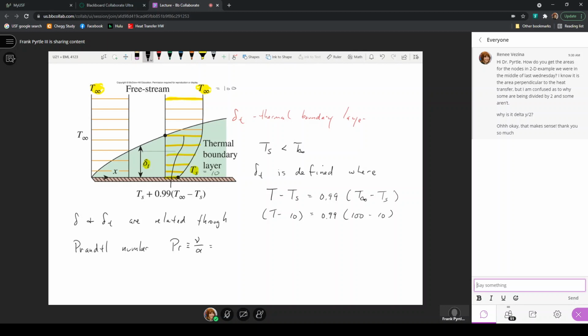This can also be written as the dynamic viscosity times the specific heat over the thermal conductivity of the fluid.